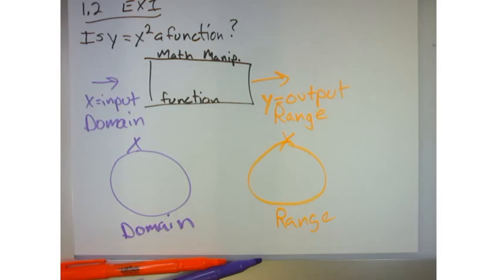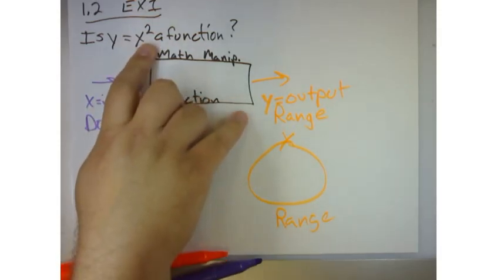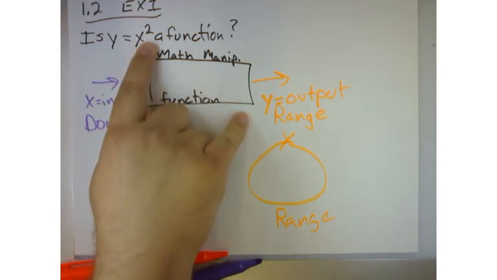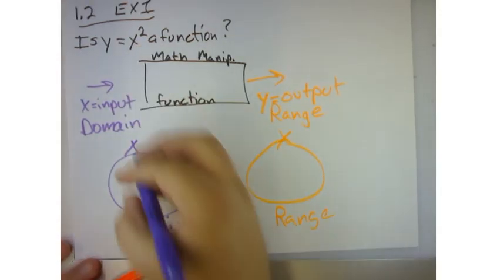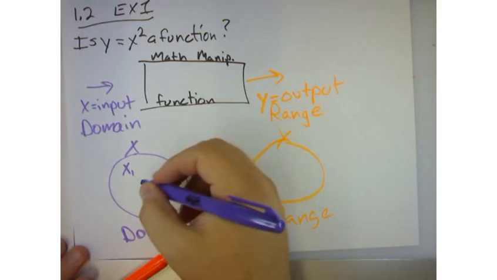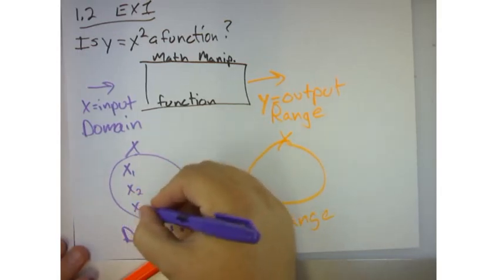Here there's no square root and no fraction, so x could be anything. I'm not going to write numbers down; I'm going to represent the different x's by x sub 1, x sub 2, and x sub 3.